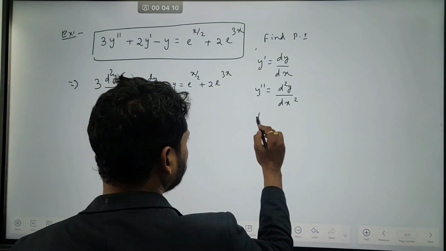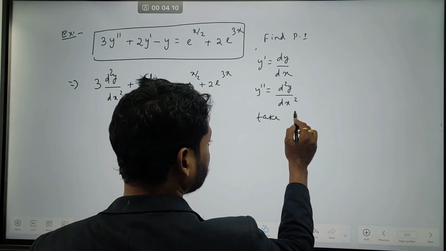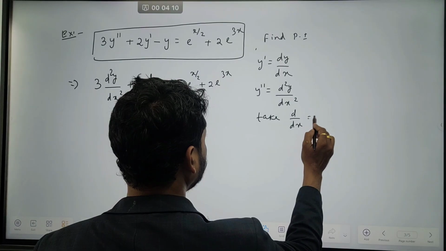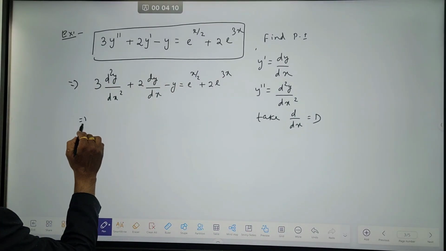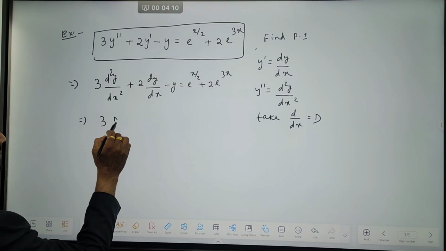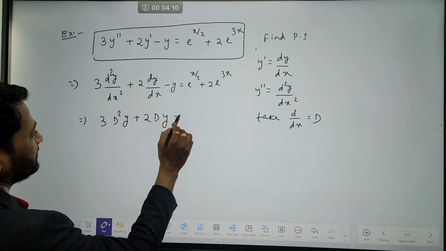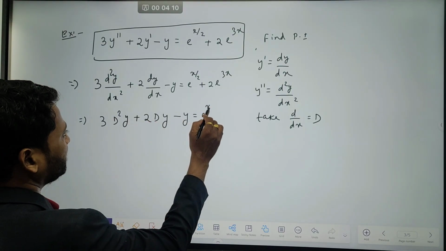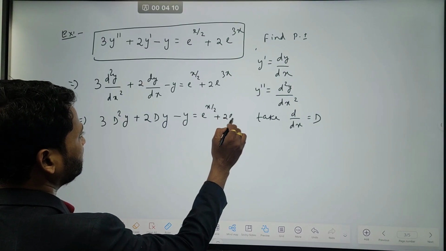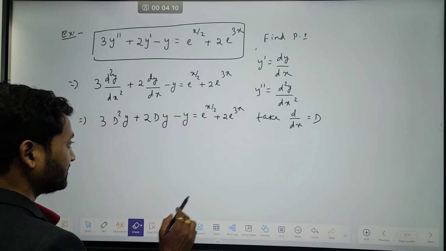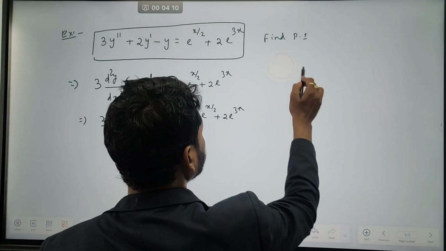Now we assume d by dx as D. So it will be 3 into D square y plus 2 into Dy minus y equal to e to the power x by 2 plus 2 into e to the power 3x. Okay, let me erase.